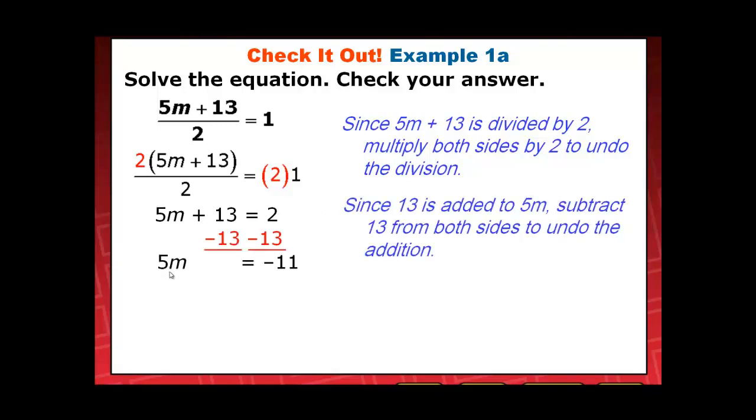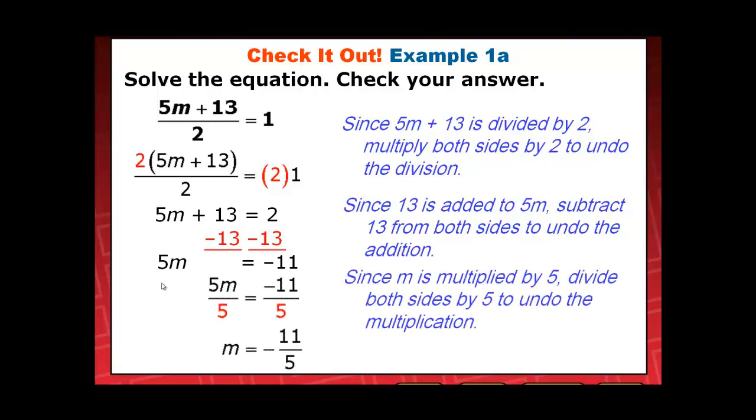Okay, 5m. The relation between 5 and m is multiply. So what we will do, we will divide 5 on both sides. The important thing for us is to keep the variable at the end without a coefficient. We are removing the coefficient from the variable.